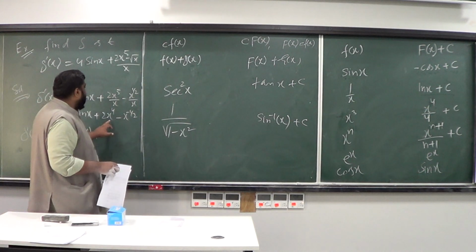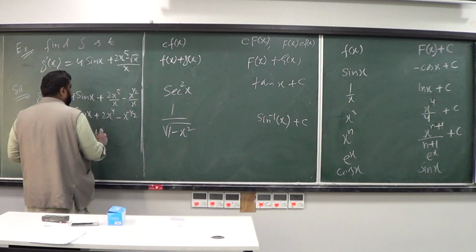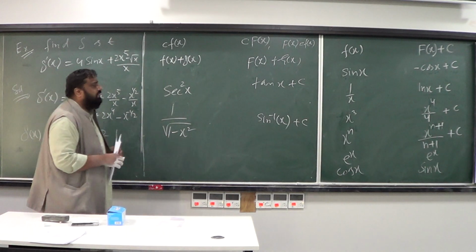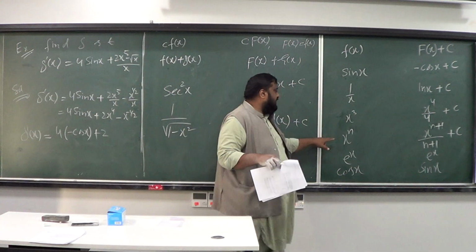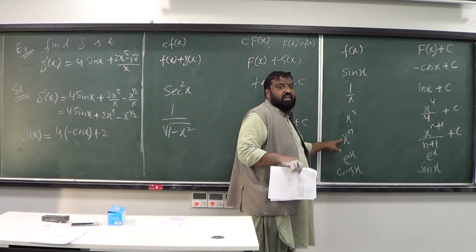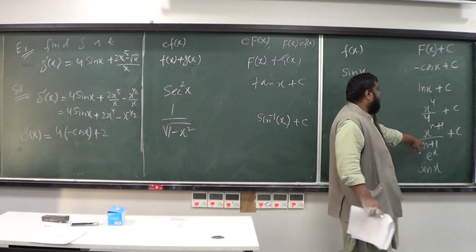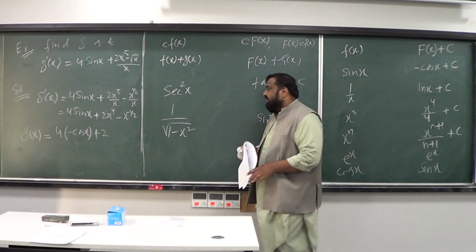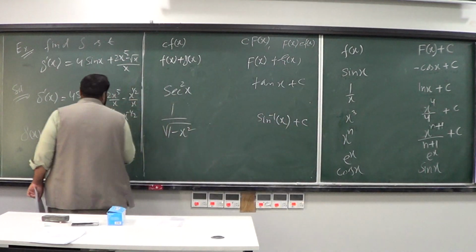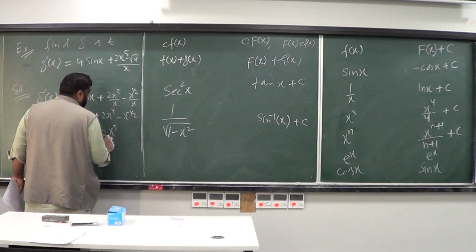What is the antiderivative of 2x power 4? The 2 would stay the same. The antiderivative of x power 4: apply this result. The antiderivative of x power n is x power n plus 1 divided by n plus 1. So this is going to be x power 5 upon 5.